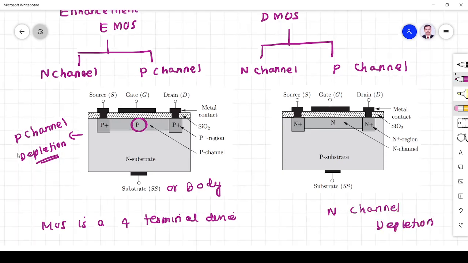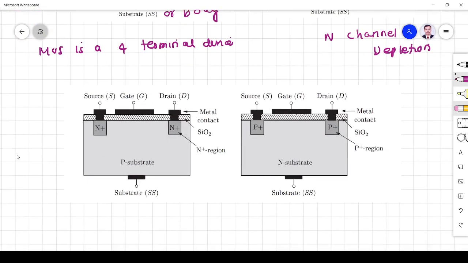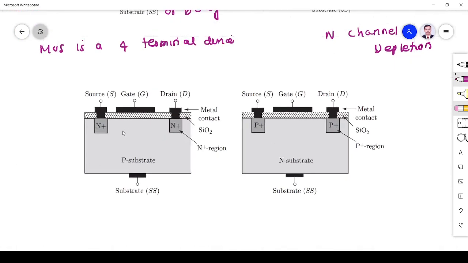Right? Okay. Here there is no channel initially. So if there is no channel, it is enhancement MOS. Here you see source and drain are N-type, so it will be N-type enhancement MOS. Simply you can say NMOS.